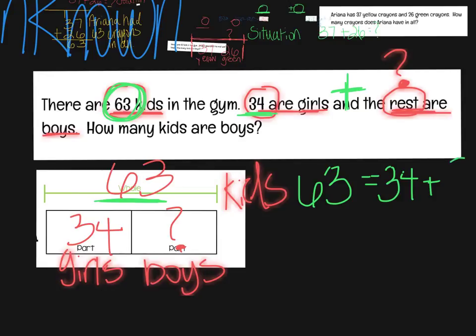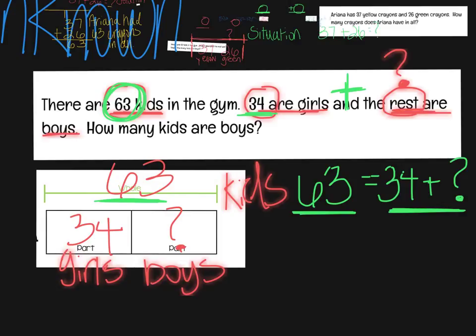Good, the question mark. Absolutely right, the question mark, because that was my unknown. Now this looks a little different because it starts with the sum, but either way I write it, it's correct. Because this side of my problem is the same as this side because that's what my equal sign means.